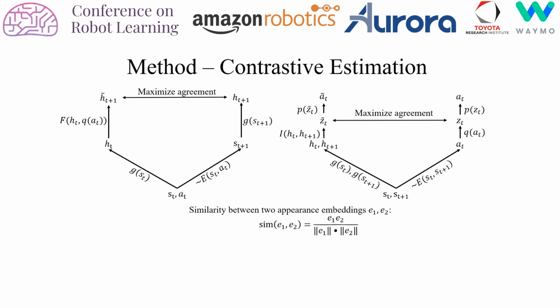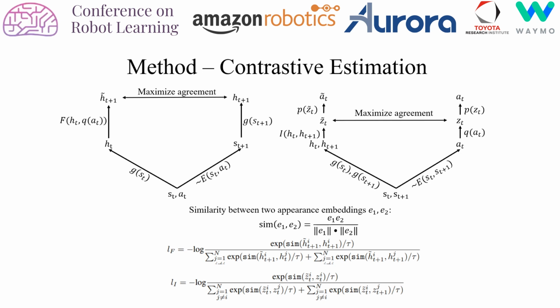For the forward dynamics model, a prediction and real representation from the same tuple is defined as a positive example. We treat the other real representations within the mini-batch as negative samples. Similarly, we define the loss function for the inverse dynamics model as follows. During joint training, the total loss is computed across all positive pairs in a mini-batch.